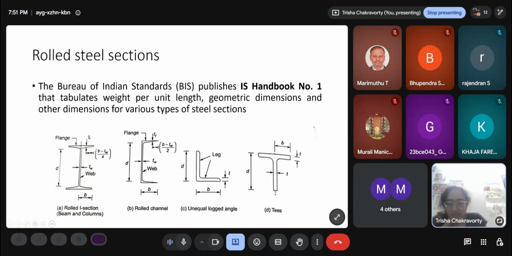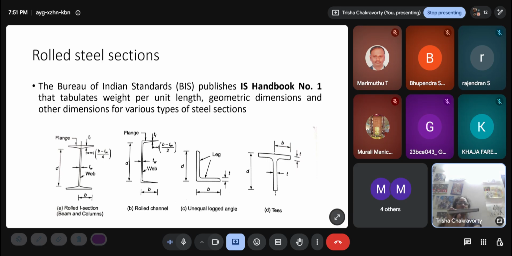So this is an I section. One of the most common sections is an I section, or a joist. What are the properties? In concrete it's very simple, usually rectangular or square sections. Here we have very specific sections. So this is the cross section. If this is a beam, this is the length, but here this is the cross section.